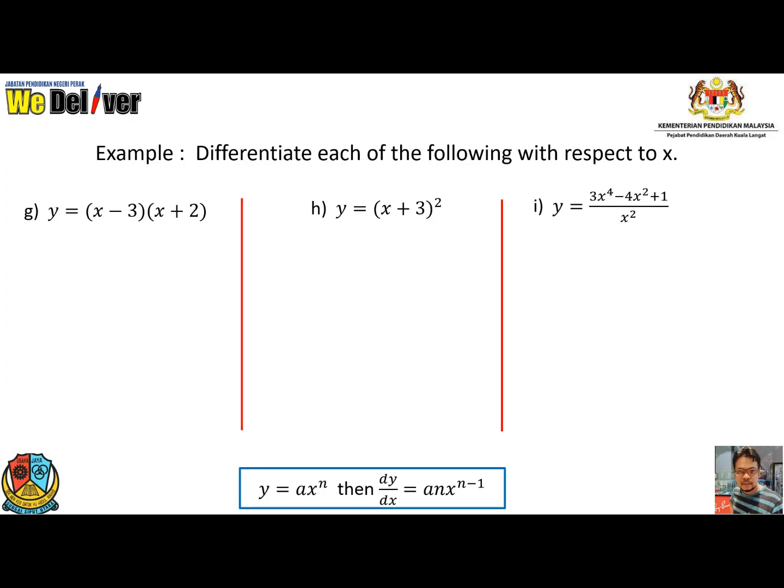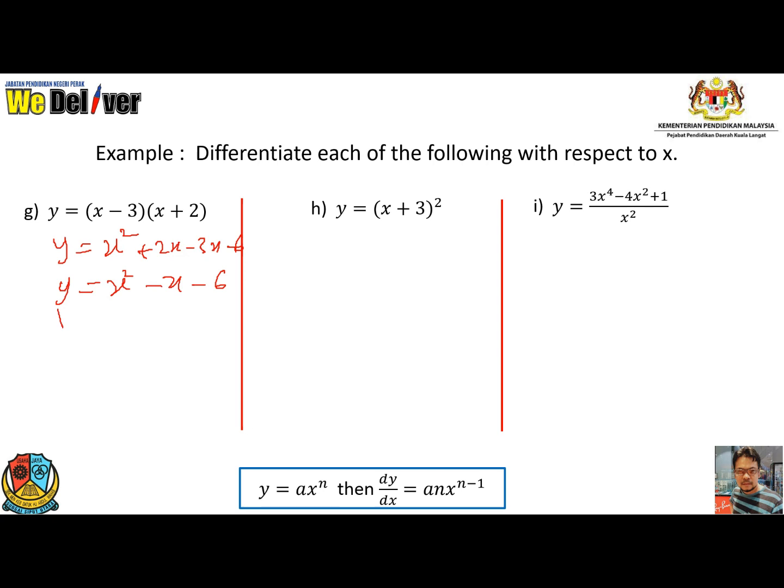Okay, for example G, the function is y equals x minus 3 times x plus 2. So in this case, we have to simplify y first by expanding. So you get x squared plus 2x minus 3x minus 6. That means you get y equals x squared minus x minus 6.